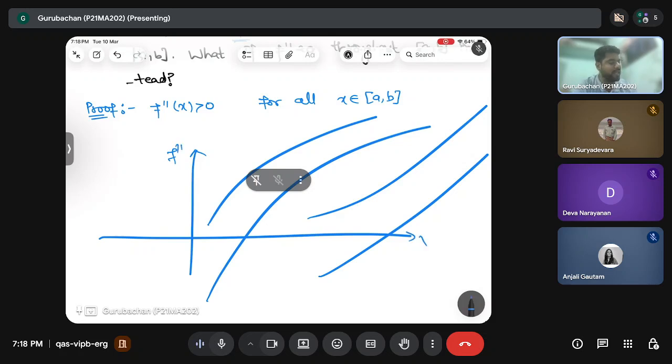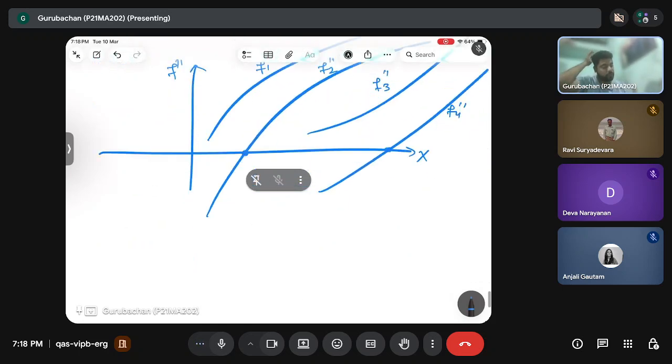So diagrammatically you observe that it can cross at one point only or at no point. So this is some kind of f1 double derivative, some kind of f2 double derivative, f3 double derivative. I am giving you four possibilities, there might be more in the sense of increasing.